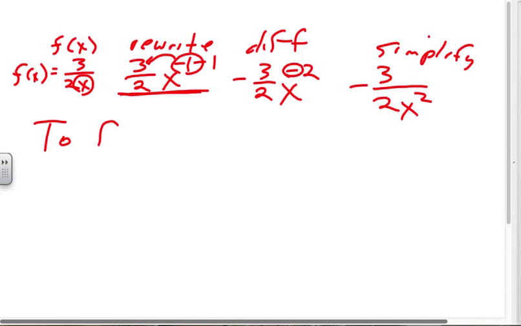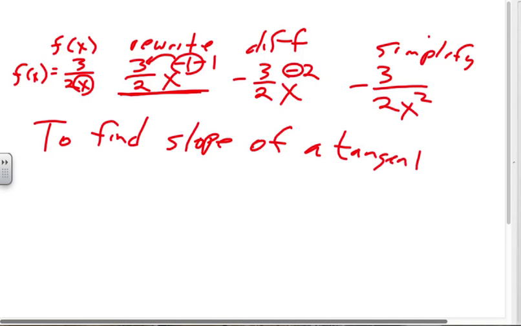So we find the slope of a tangent line at a point. Okay, now the trick here is, if you remember, we're really not finding the slope at a point.